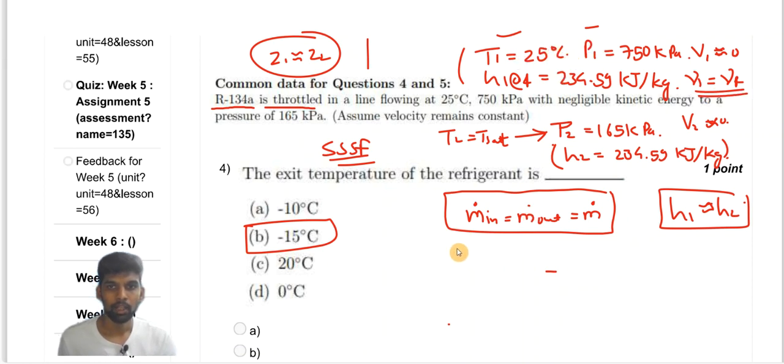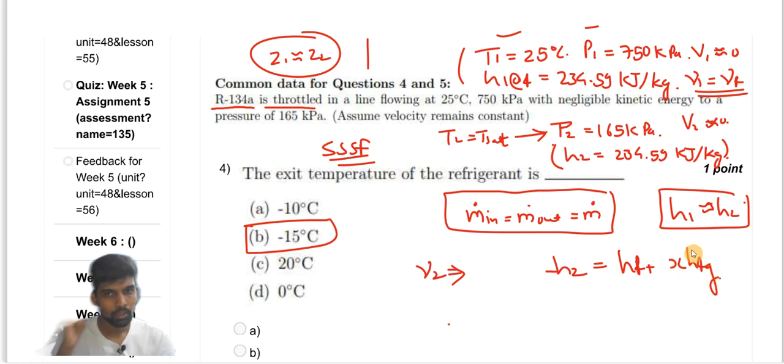Okay, and for mu2, since H2 is known to us and we know that it lies in the wet vapor region, you will calculate the property that is Hf plus x times Hfg.